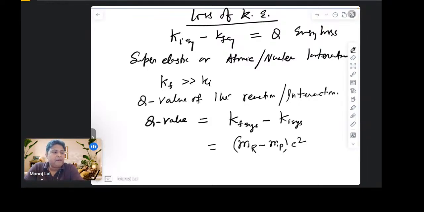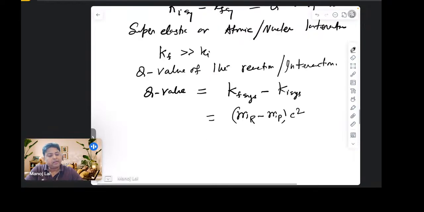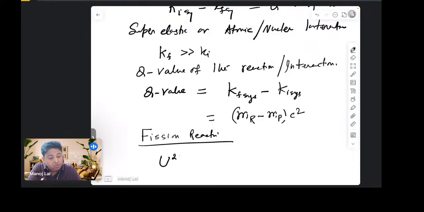And if I say what happens in case of uranium in the fission reaction, if uranium 235 is converted into, say, strontium and xenon, something like that.